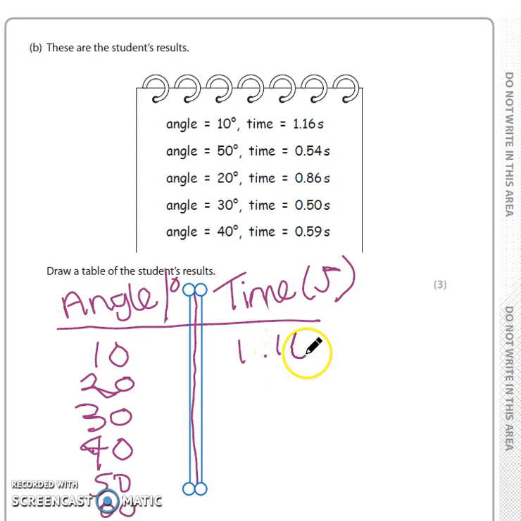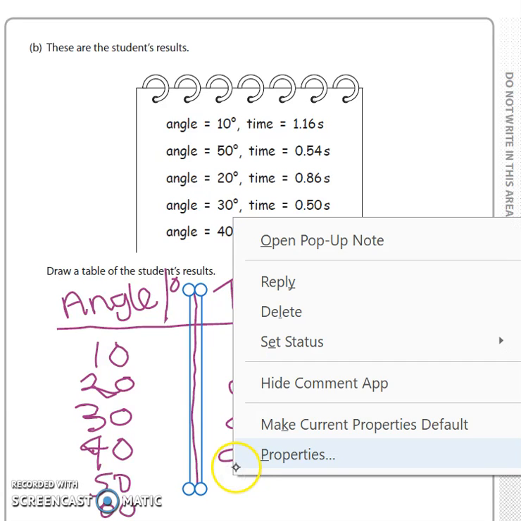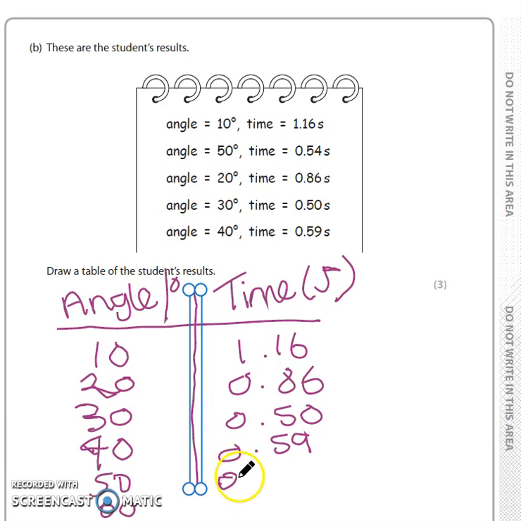Notice that we do not put units into this bit of the table because we've already got them in the heading. Oh, and there isn't a 60. I got carried away there.